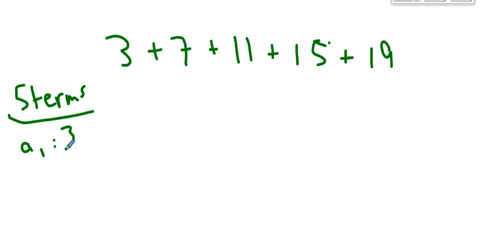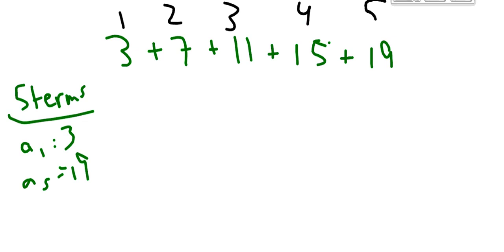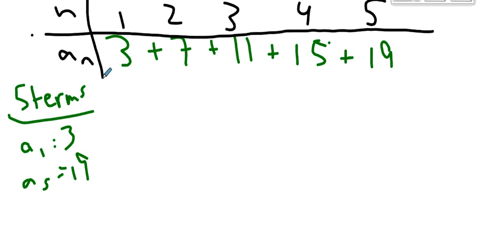And I know that the last term, which must be a sub 5, is equal to 19. Remember, when we're adding these, 1, 2, 3, 4, 5, a sub n, right? But we already knew that. If I were to take the first term plus the last term, 3 plus 19, that would be 22.